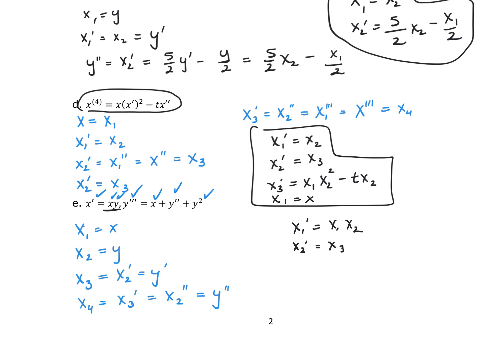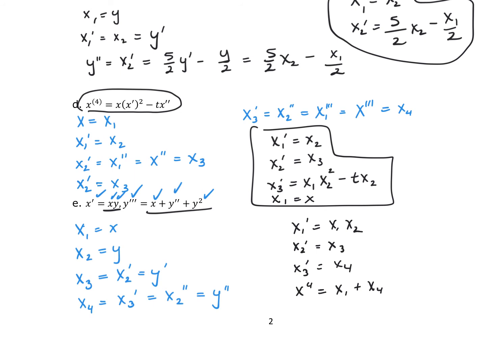That's nice. x sub 3 prime, which is equal to x sub 4. And then x sub 4 prime, which is equal to x, which is x sub 1, plus, and this is where I'm getting it right here, plus y double prime. Well, y double prime was x sub 4.